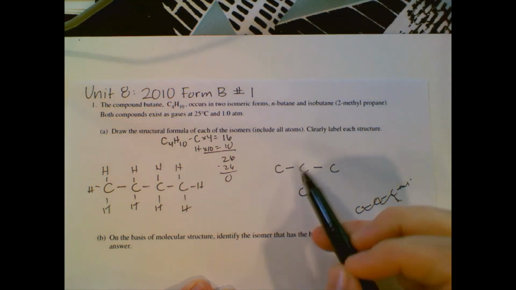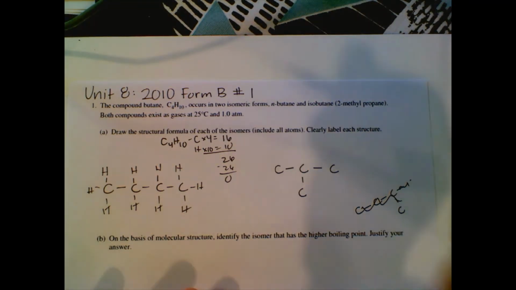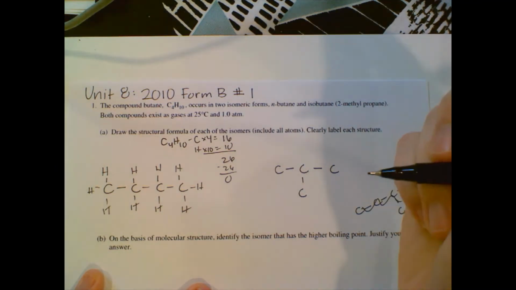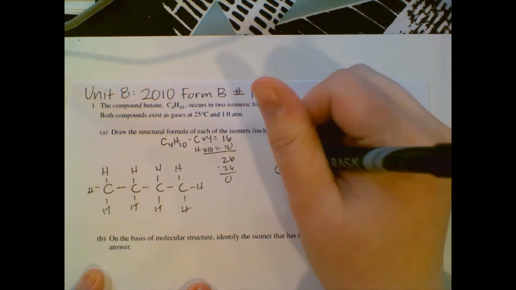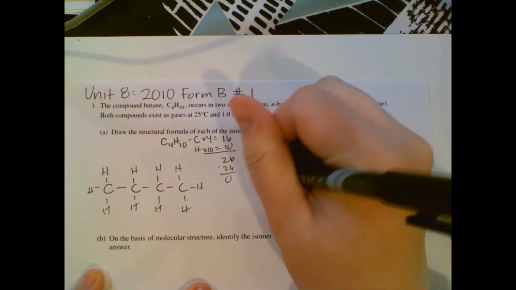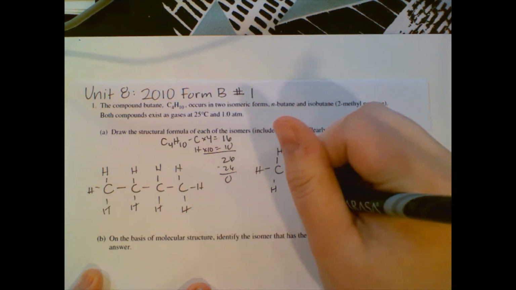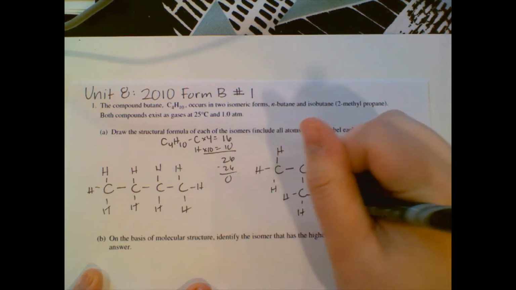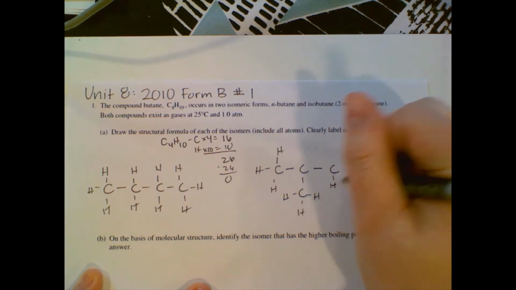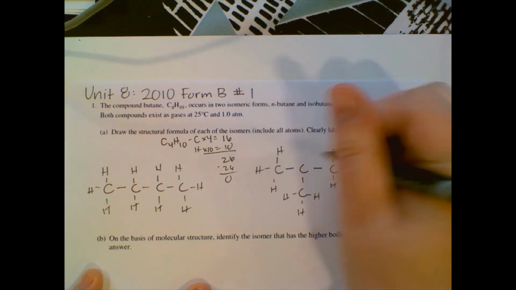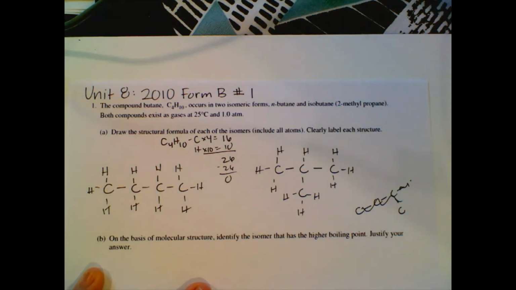So there's kind of like it's almost got a trigonal planar shape to it. So what I'm going to do is put my hydrogens on. And there's my second isomer.